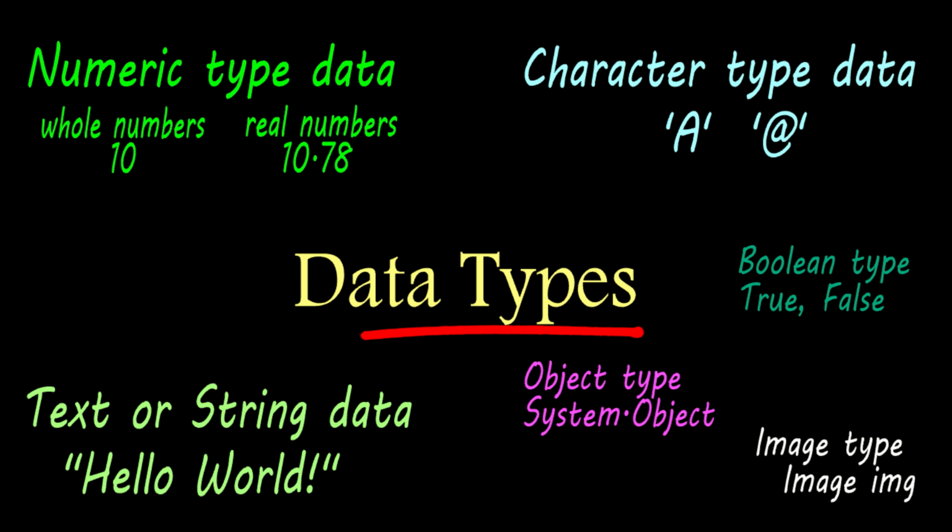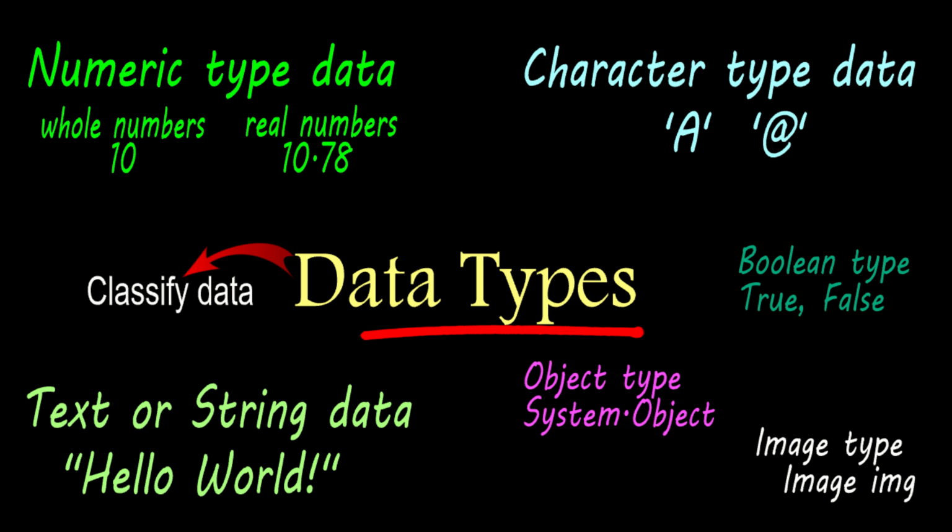So when we have data in different forms, we need a mechanism to classify that data to talk to the computer, because our computers by themselves cannot classify the data we are sending to them for processing. So here comes the role of data types.